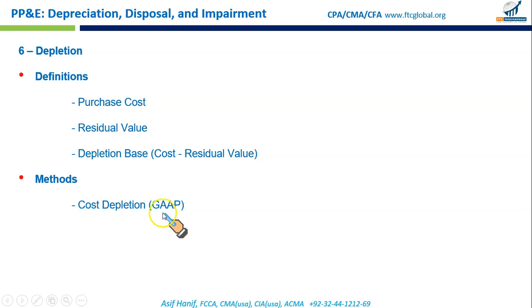First is the cost depletion. This method is permissible under the US GAAP, and it is the same that we discussed a little while ago, called the units of output method. So what we do, we take the cost less the salvage value divided by the estimated recoverable units, right?